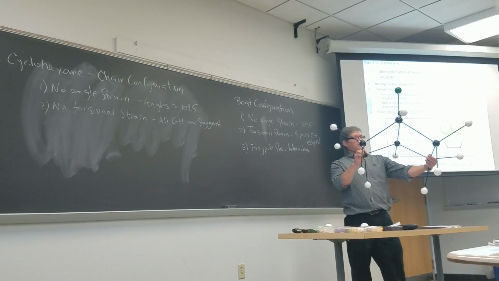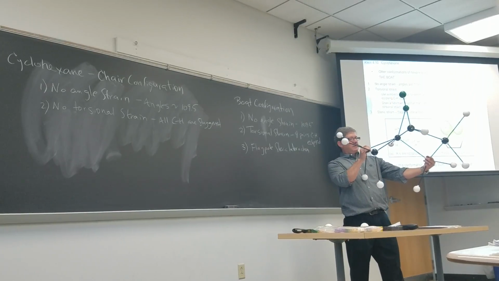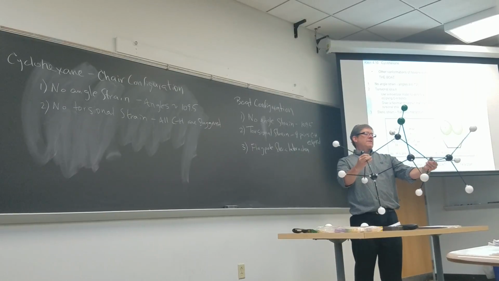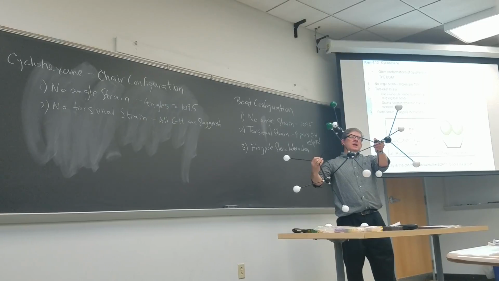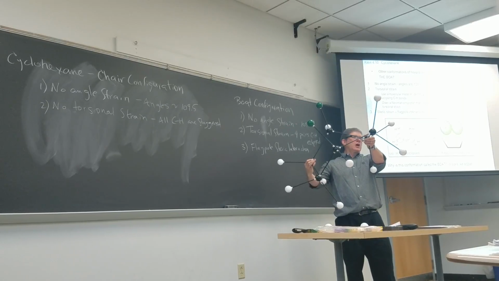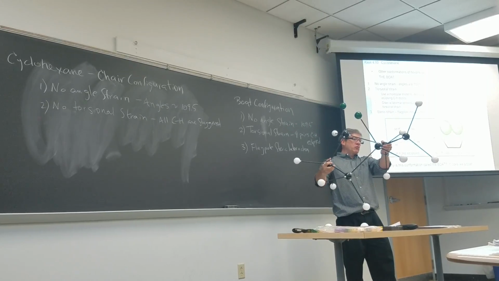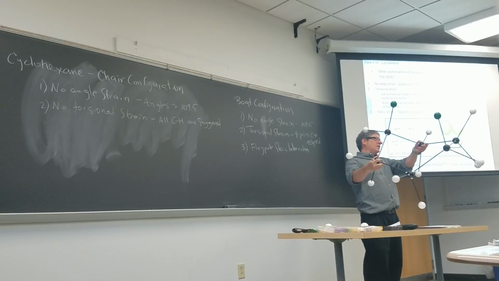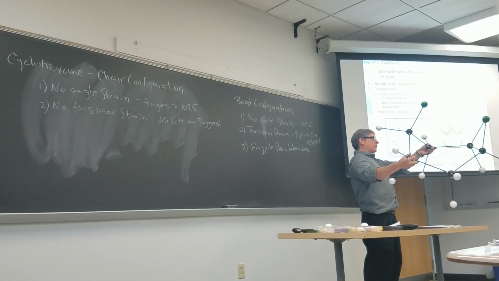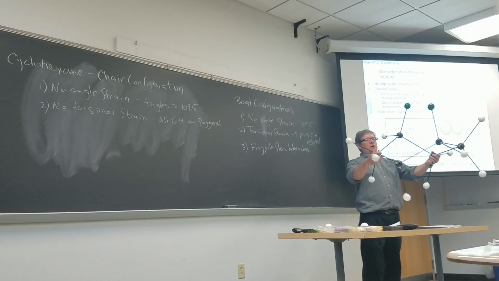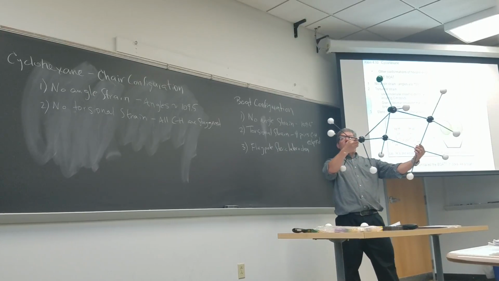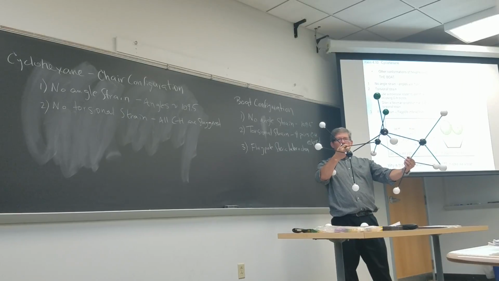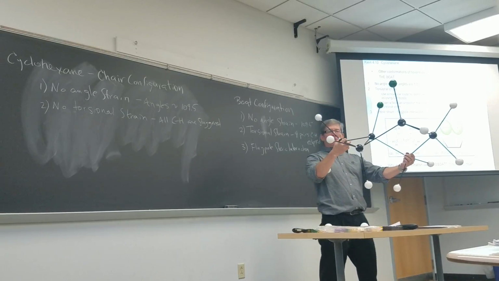But if I take this and I twist it a little bit, where I used to have these eclipsing interactions, I can start to avoid that 100% eclipsed. They're not directly eclipsed anymore. They're not really staggered, but they're also not fully eclipsed. So if I twist this way, then the other one twists a little bit the other way, and so on both sides, I avoid a little bit that direct eclipsed interaction.